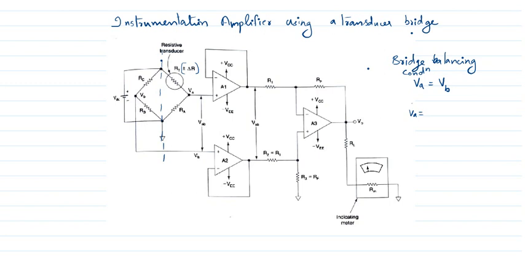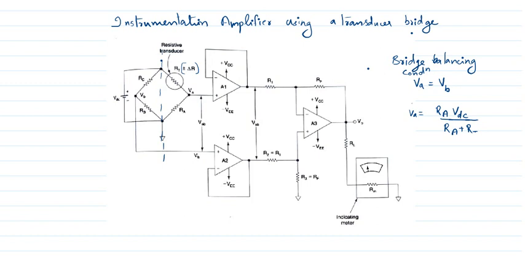This is the one loop. So VA will be equal to RA into VDC divided by RA plus RT. That is the equation for VA.